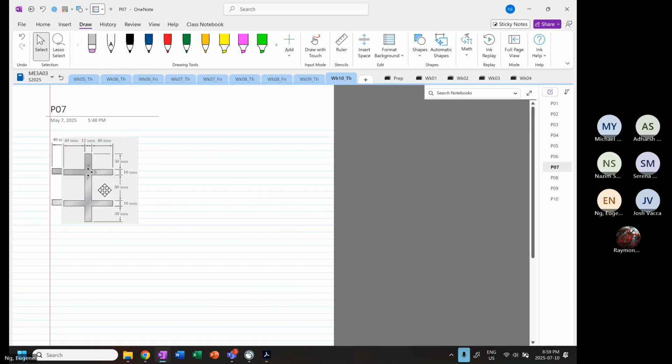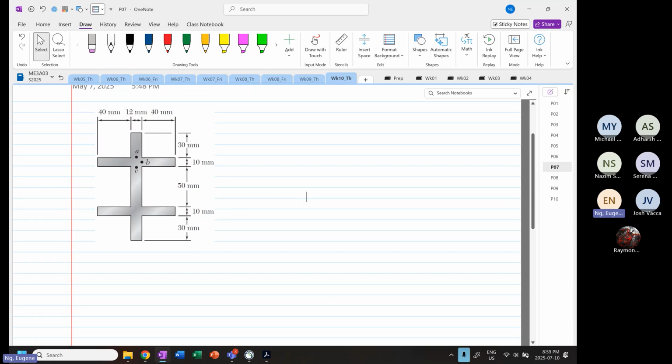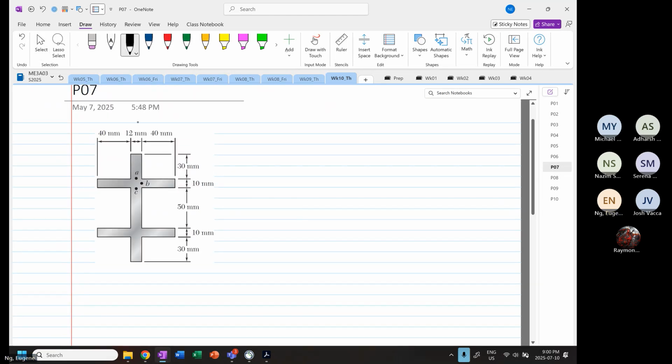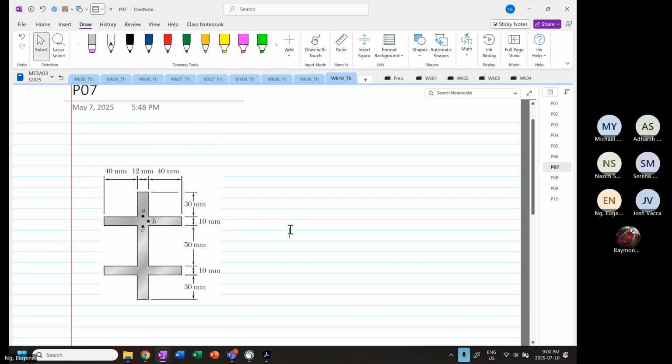Okay, so rule number one, or one of the rules, is identify the major web. Okay, so let's say now our shear flow is coming down this way, or our Vy is coming down this way. So let's have some transformation.